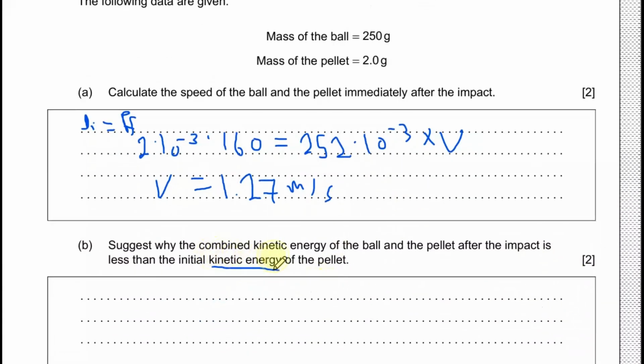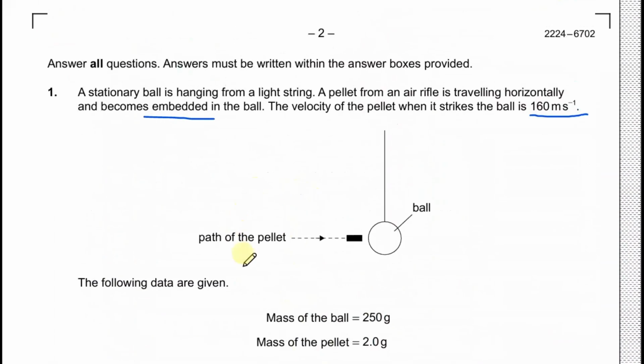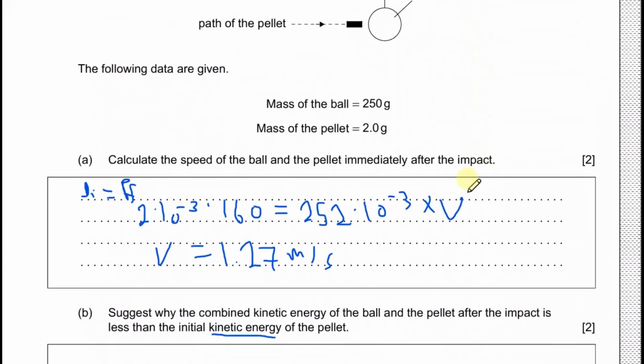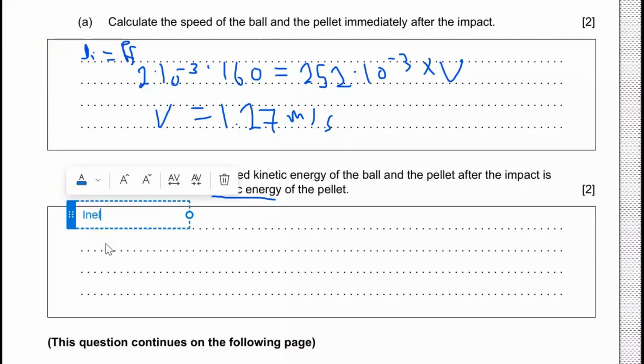Now B suggests why the combined kinetic energy of the ball and the pellet after the impact is less than the initial kinetic energy of the pellet. So there are two things to talk about. One is that this is an inelastic collision, such as this one where they stick together. In inelastic collisions, kinetic energy is not conserved, so energy must be lost as heat.